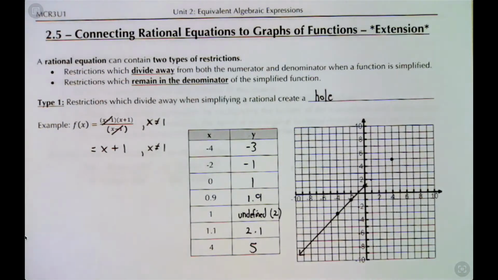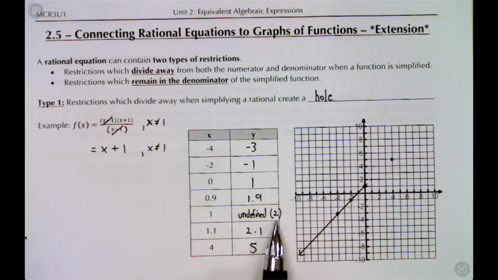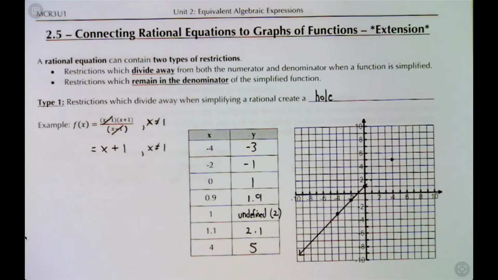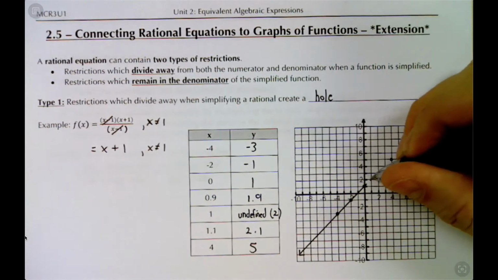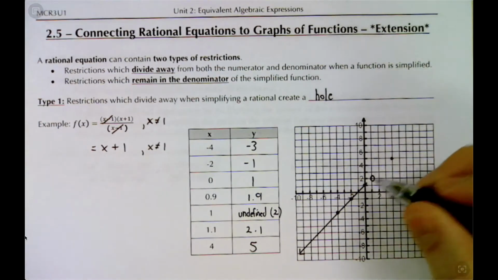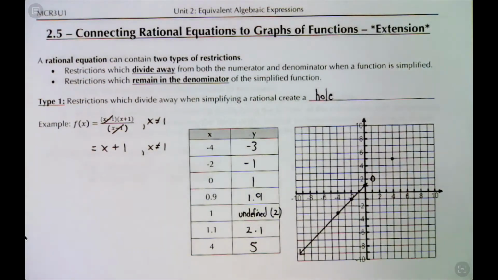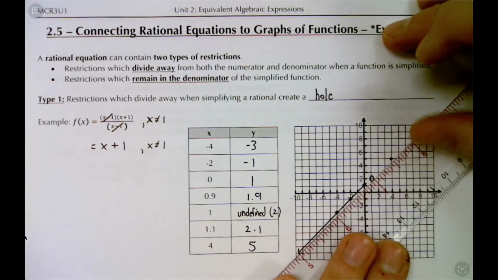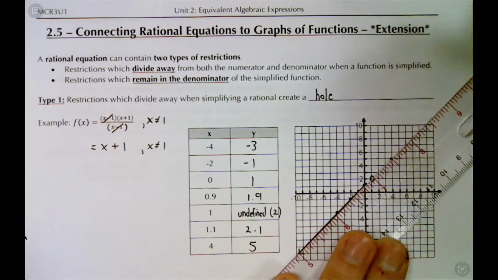And because they all fit the line, and if we were to plug in 1 into the simplified equation, 2, we would still fit the line, we just have a normal linear graph. And how we show this undefined at 1, the restriction that divided away, is with an open circle. There's my open circle. And then we can just continue the graph as a line.